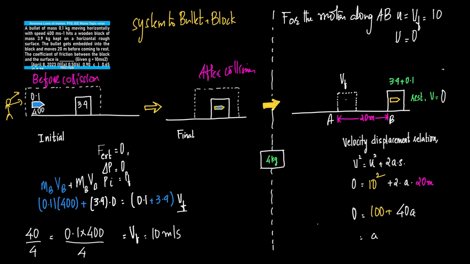So what we get is a is equal to minus 100 by 40. Wait, am I making a mistake? Oh yes, there's a 0 here, it is 40. So it's 10 by 4 and gives us the answer to be minus 2.5 meter per second square, which is option, okay, the options are not clear. It's option D here. So the retardation here is actually equal to minus 2.5 meter per second square.